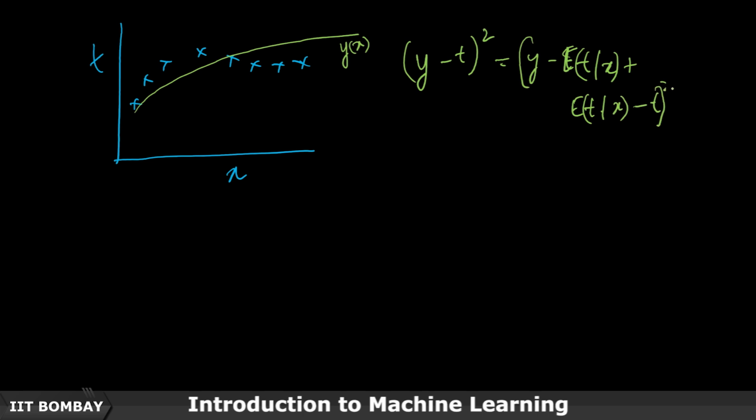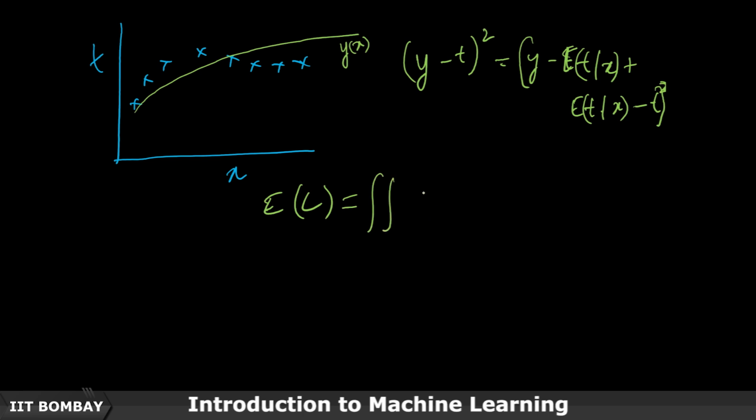So when we do that, we wanted to minimize that, so your expected loss will have three terms when we expand this square.